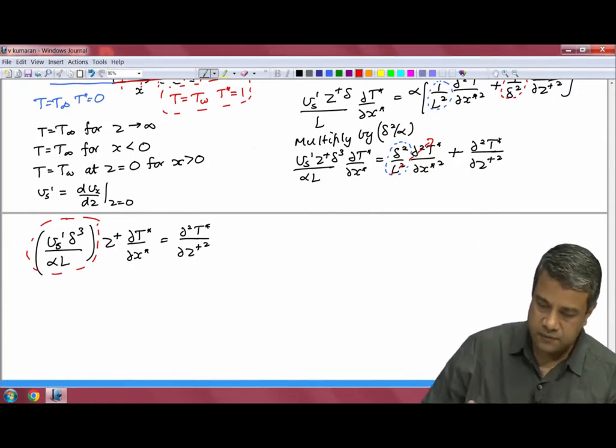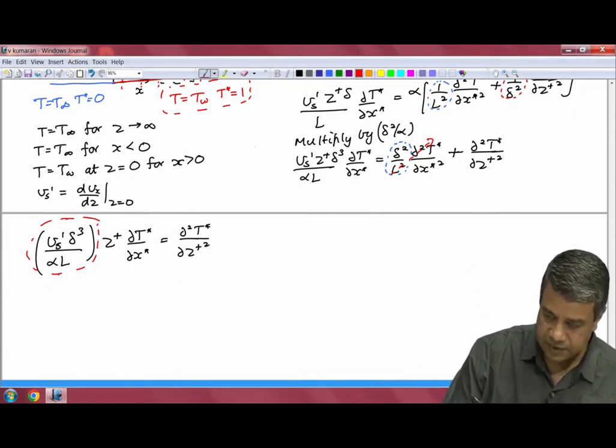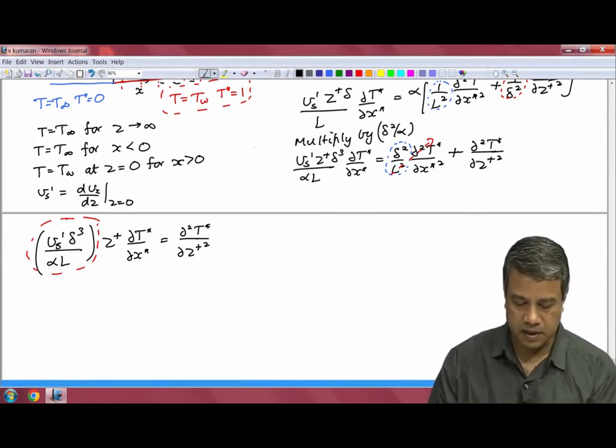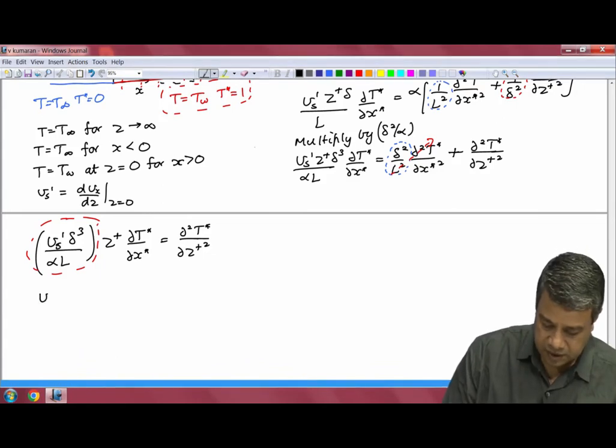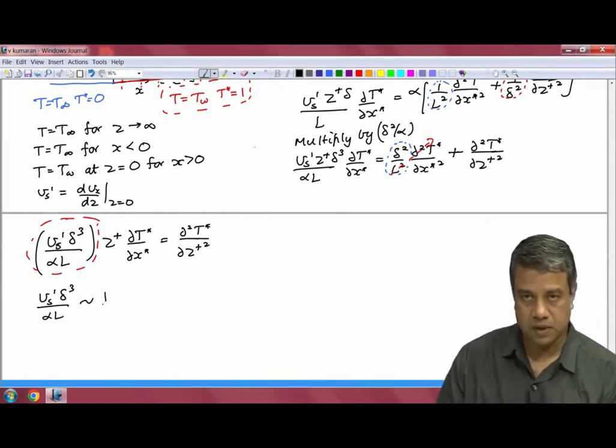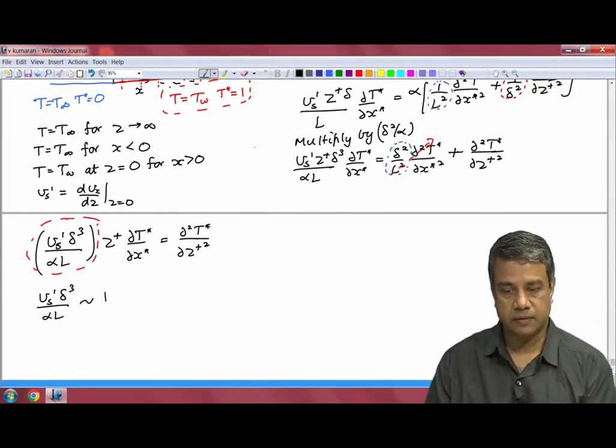Therefore, if convection and diffusion are comparable in the limit as the Peclet number goes to infinity, then Vs prime delta cubed by alpha L has to be order 1. That is, convection and diffusion have to be comparable so that the left and the right sides are comparable.